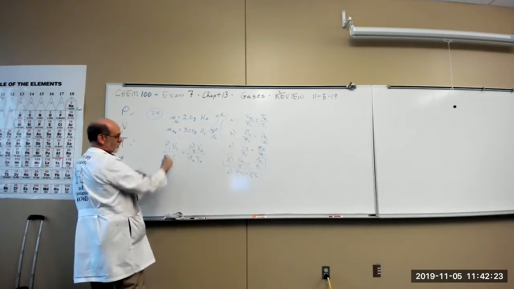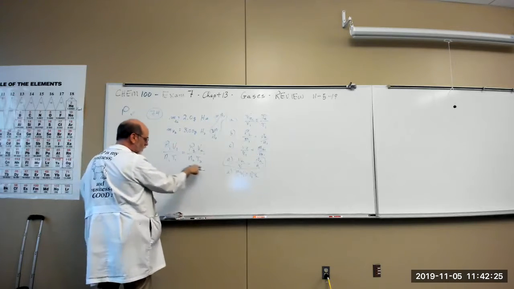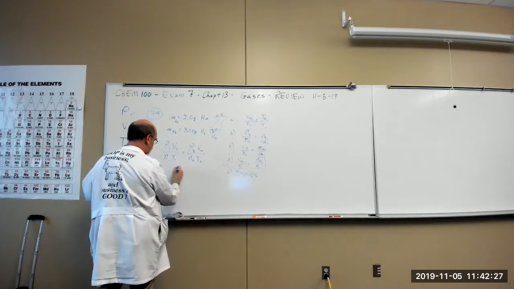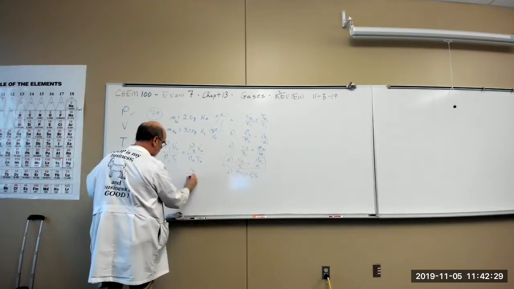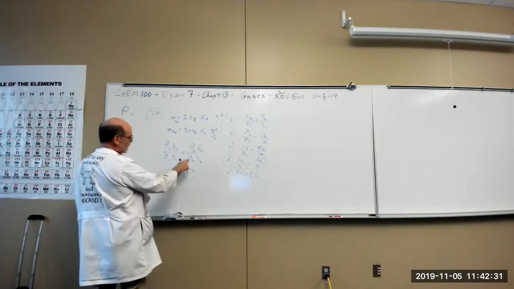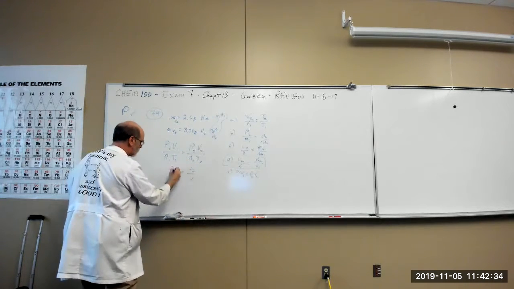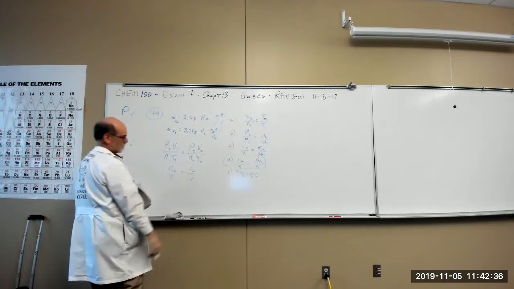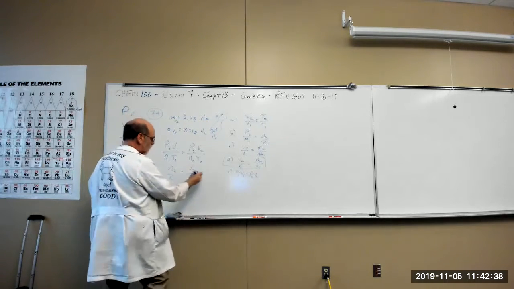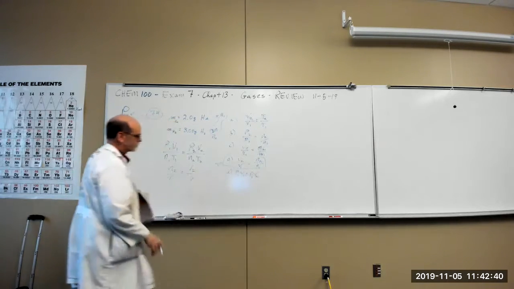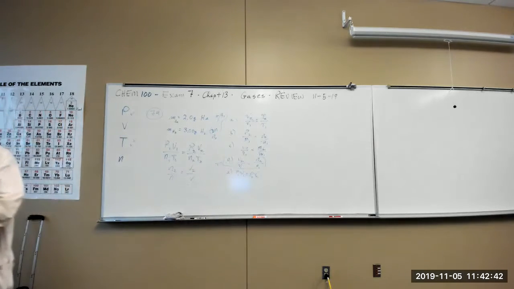Right. Well, we have to arrange this one, right? So V1 comes over here, and N2 comes over here. There. Now you've got that equation. That was a thought problem, I'm pretty sure.